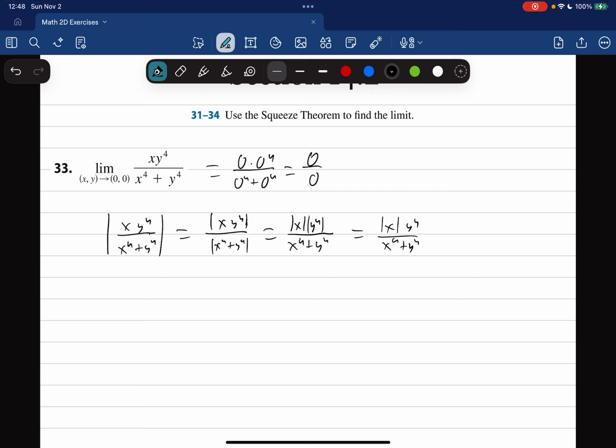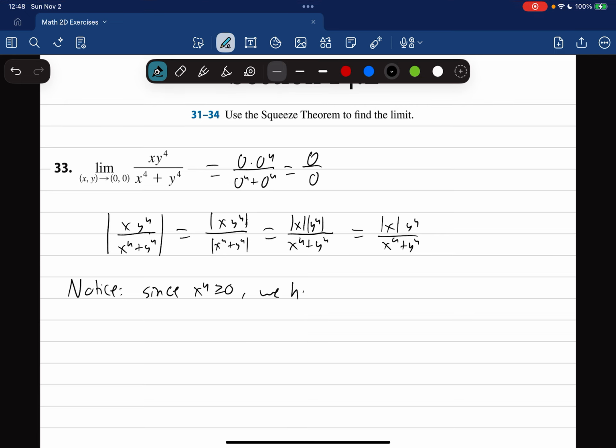All right. Now we make an observation. Since x to the fourth is always at least 0, because that exponent is even, we have x to the fourth plus y to the fourth is at least y to the fourth. So by taking reciprocals, we get this inequality here.